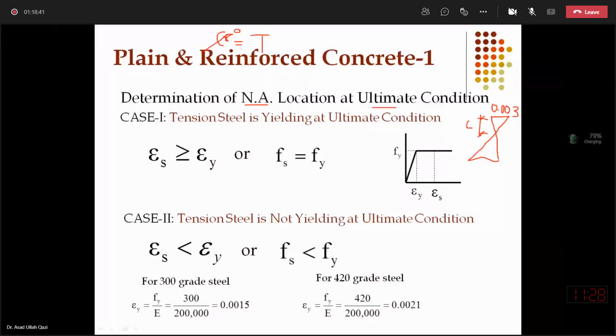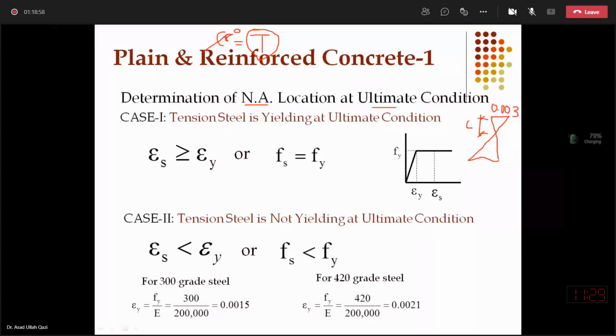But before C drops to 0, what was the status of the tension steel? This is the question. Final failure will always be when crushing of concrete takes place.